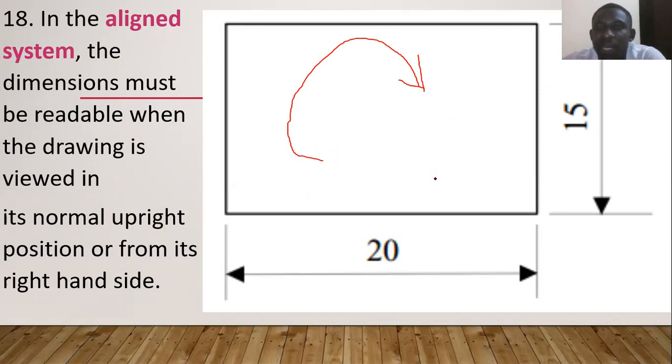If it's without the rotation, we should also still be able to read our dimensions. So with or without rotation, we should be able to read the dimensions. This dimensioning system makes room for rotating your drawing sheet or rotating your drawing space. Is that okay?